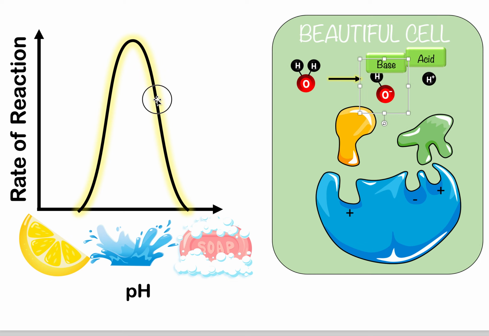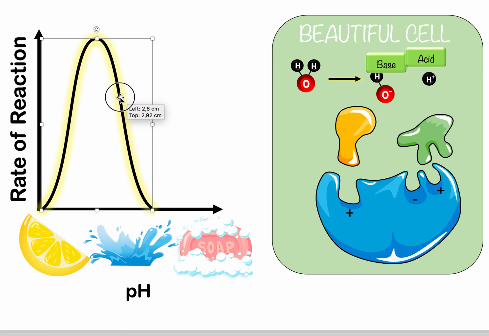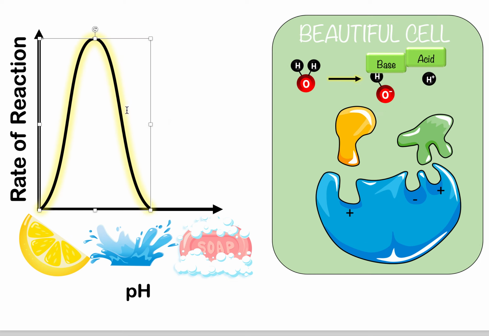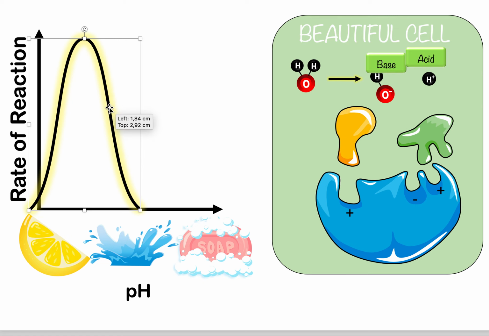And so this enzyme, which is meant to work well in the stomach, will have the curve shift like this to the left, so that the optimal pH for it to work is in acidic conditions. Okay, right? This makes sense. So if you have an enzyme that works best at acidic conditions, it will function really well in the stomach because it's always acidic there. Okay, so that's what I mean.